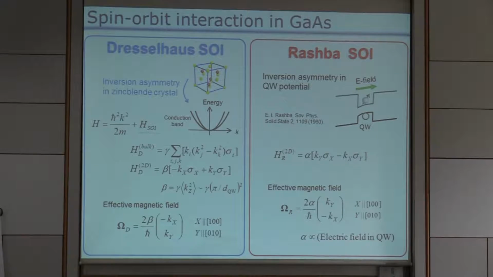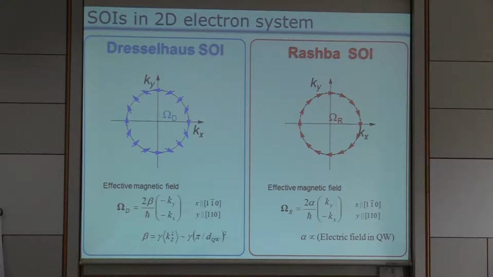We also have the strain-induced spin-orbit interaction, which has a similar form to the Dresselhaus and Rashba spin-orbit interactions. So we can write the effective magnetic field in momentum space like this.